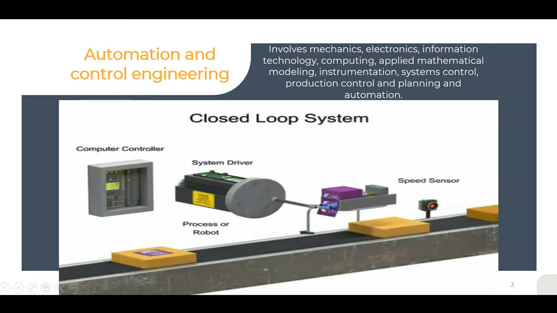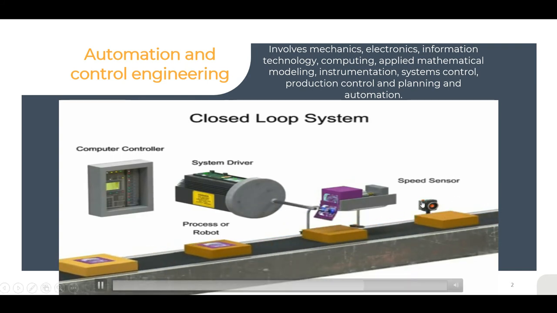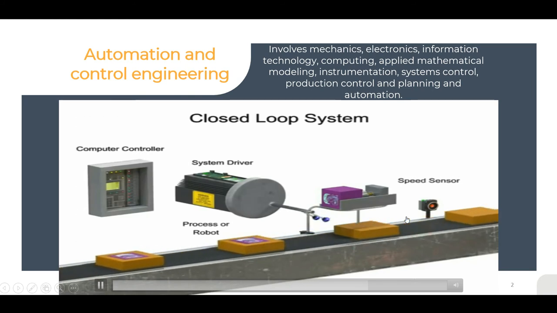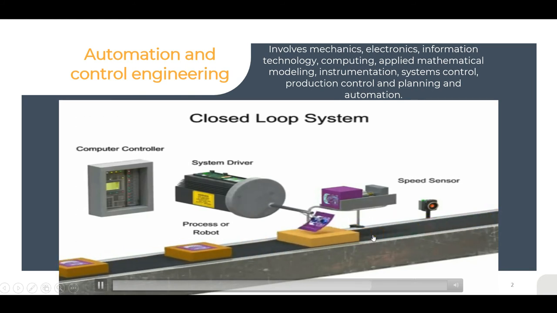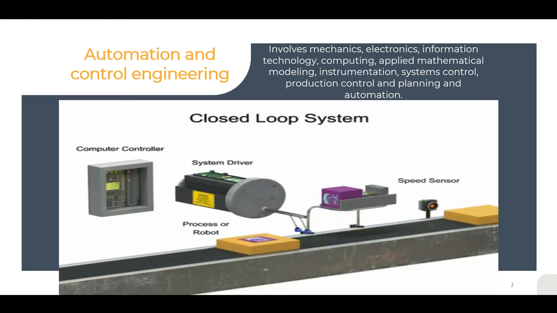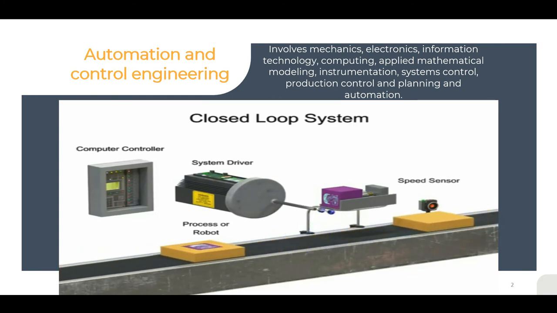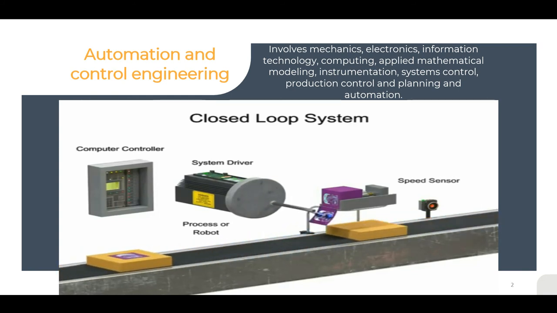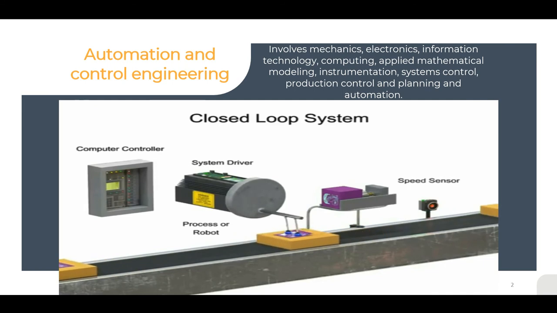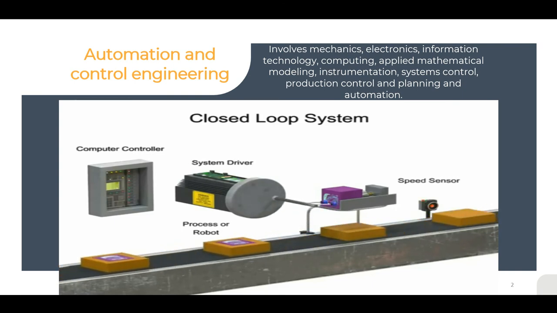We now have a speed sensor located there. When more items are coming, the speed is increased. When fewer items are coming, speed is reduced. Look at that. In this case, there is no resource wasted. We are efficiently using our resources.